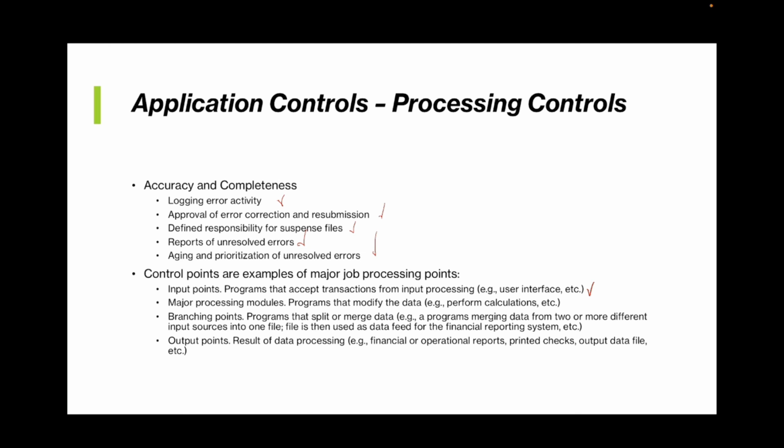These are programs that modify the data, which perform calculations, etc. Next, branching points. Programs that split or merge the data. Programs merging data from two or more different input sources into one file. Then files used as the data feed for the financial reporting system, etc. And lastly, output points, the result of the data processing: financial and operational reports, printed checks, output data files, etc.